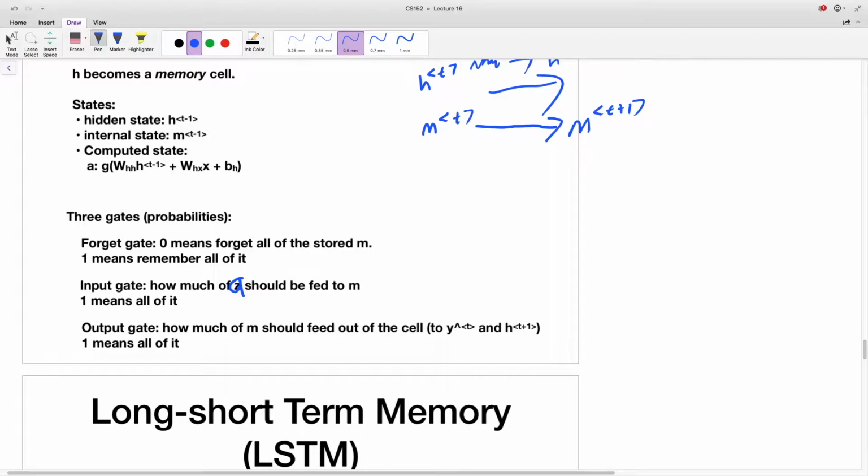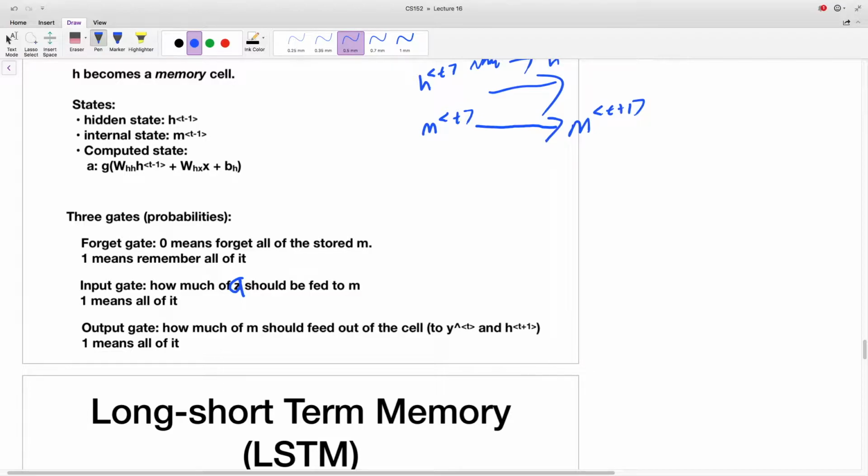So the hidden state can go into the memory state and get combined with the memory state, or possibly replaced. If we wanted to replace our current memory with our newly computed a, we would set the forget gate to 0, meaning forget everything that's there, and our input gate to 1, meaning the memory now will take on the value of a.